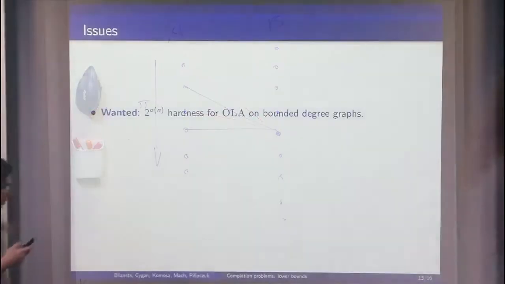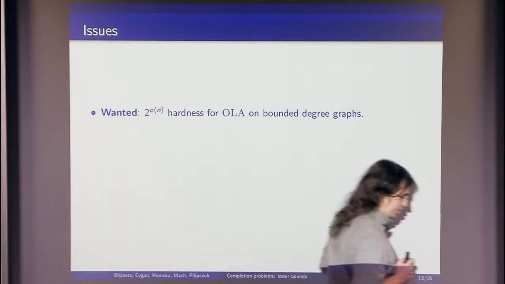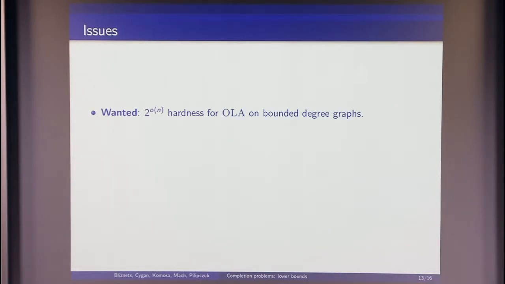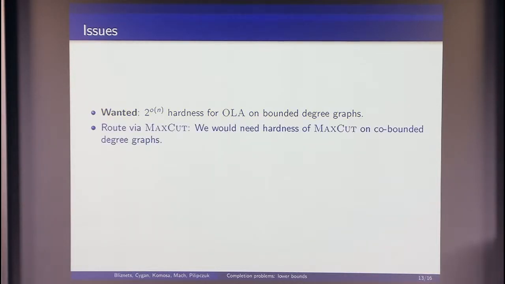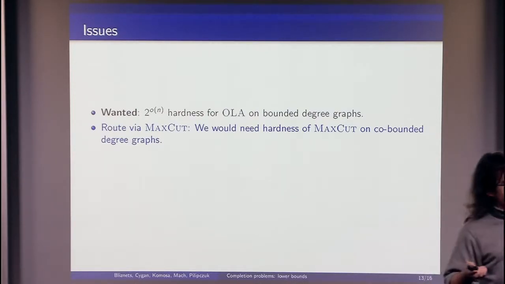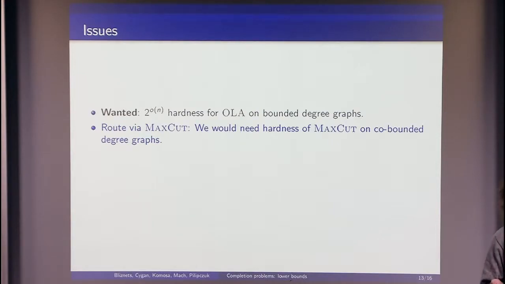Good. So now, having this reduction in mind, what we really would like to have is the sub-exponential hardness of optimum linear arrangement on bounded degree graphs. The problem with the approach that we have is not only that we have introduced a huge clique, because probably the clique can be replaced with something sparse, like a sparse expander, but also the fact that we complemented the MAXCUT instance.